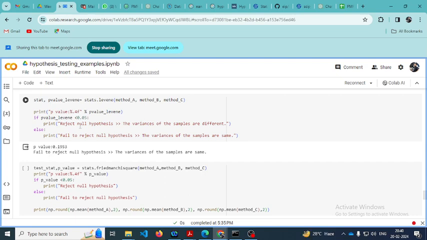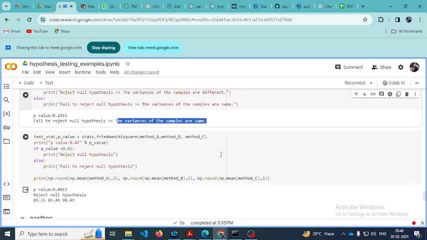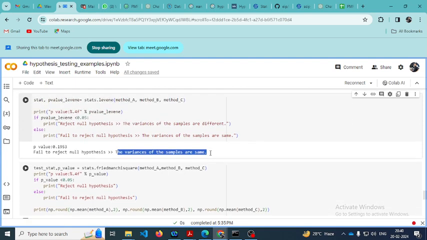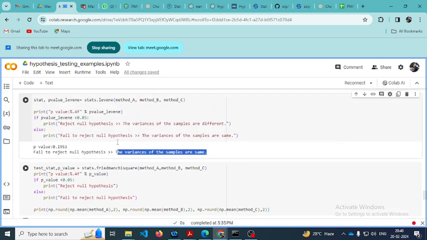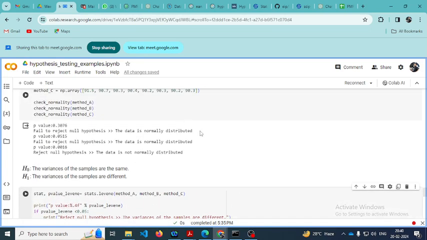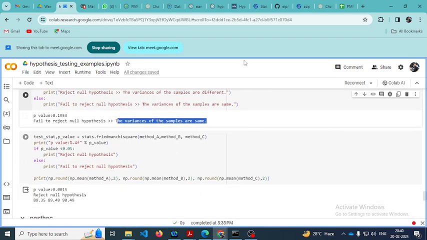It is not less than the level of significance, so it goes to the else statement and fails to reject the null hypothesis. So the variance of these samples is the same. The conclusion is that the variance of these samples is the same, and you have two baseline methods that are normally distributed while your own method has a different distribution.